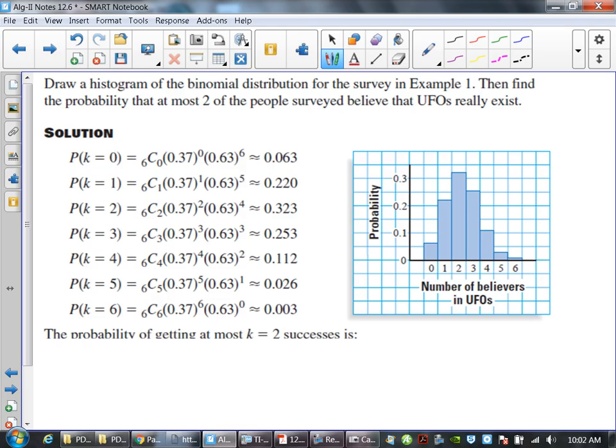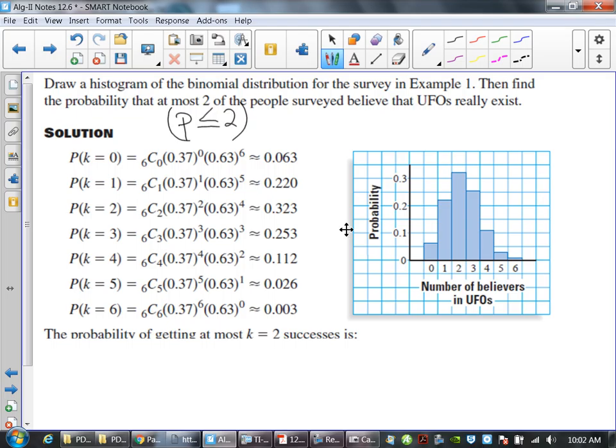What happens is that if you're looking at the idea of you want at most people surveyed, so we go back to the idea that we're taking 6 randomly selected people out of our classroom, and I want at most 2 people surveyed to believe that UFOs exist. Well, at most 2, that means I want the probability of less than or equal to 2 successes.